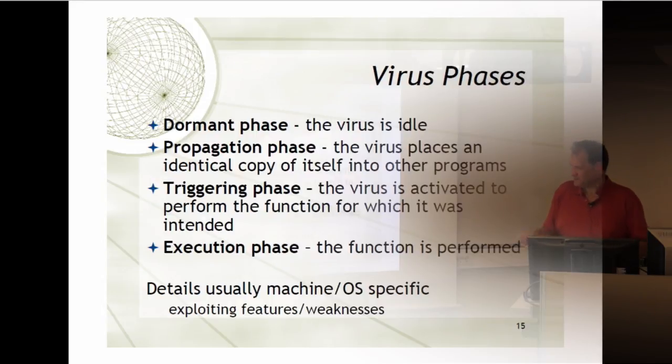And the payload is then executed in the execution phase. So in the trigger phase, we're waiting for this condition to happen when we can execute the payload, and in the execution phase, we do that. And the payload, as I said, can be anything. It can be that we just crash the system. It can be that we try to steal some information and send it out, or whatever. It can be really anything.